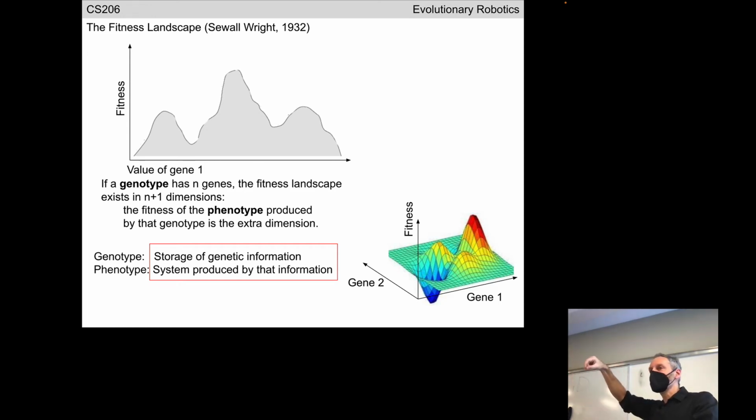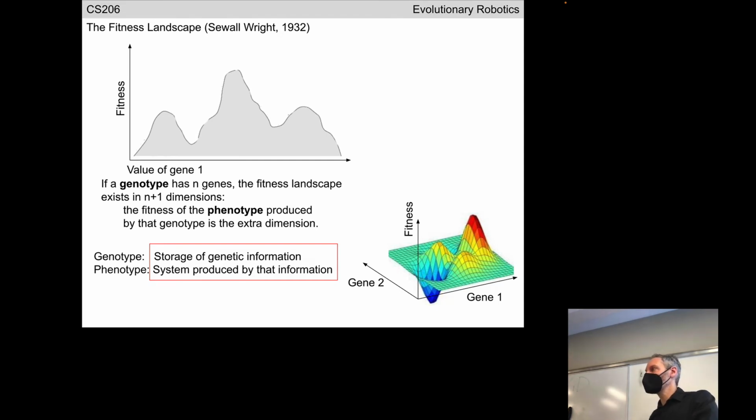We take that single synapse value, we drop it into vehicle 1, and the computer measures how well vehicle 1 does at whatever we want it to do, and it's going to give us back a score or a fitness value for that neural network inside that vehicle. So we now have a single number associated with that single gene, and that fitness value we're going to plot on the vertical axis, which gives us this one-dimensional landscape.